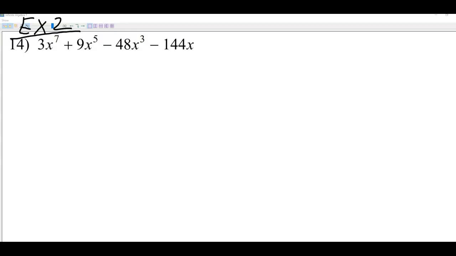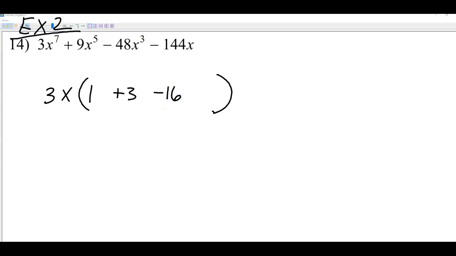So, Danya, according to that little tree chart, what's the first thing that we do when we're trying to factor? You look for a GCF. Okay, so I'm going to do that. The biggest thing that I can find that goes into 3, 9, 48, and 144 is 3. And they all have at least one x, so I'm going to take out a single x. 3 divided by 3 is 1. 9 divided by 3 is 3. 48 divided by 3 is negative 16.